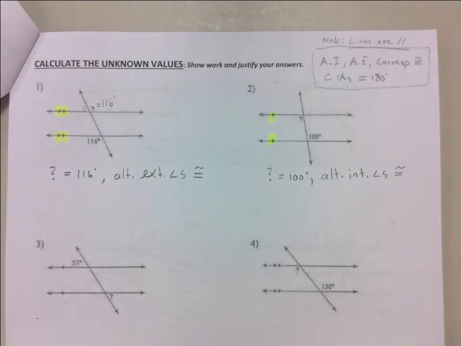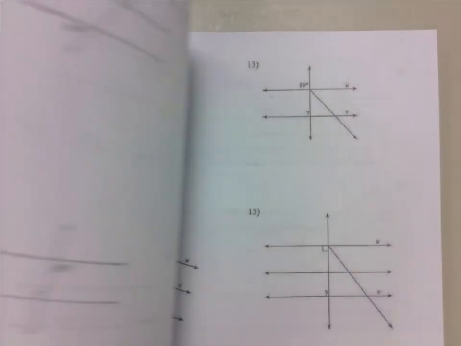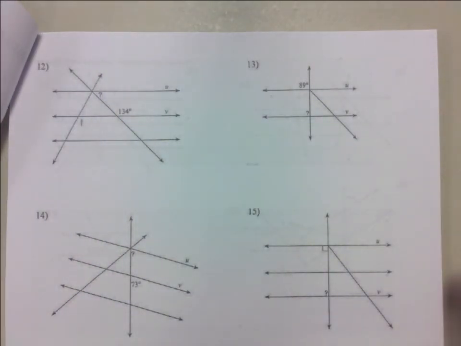That's just a fact. Okay. So I want you to do those for the next couple, all the ones that remain on this page. But come with me. I want to show you when you have more lines in the mix.